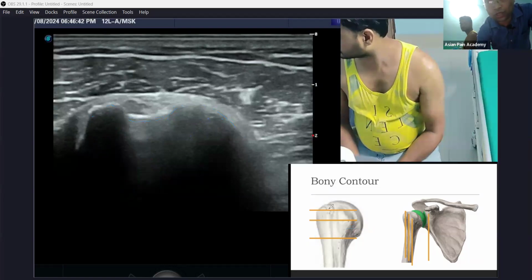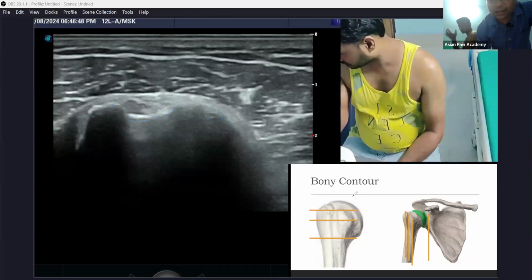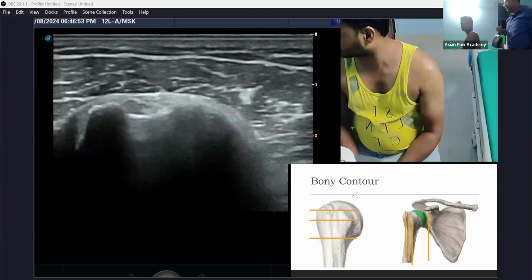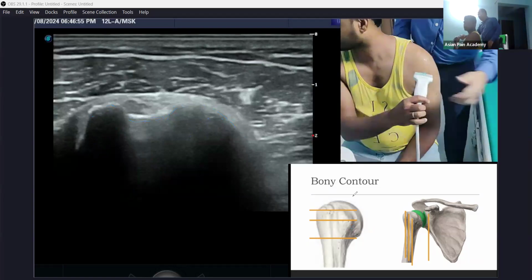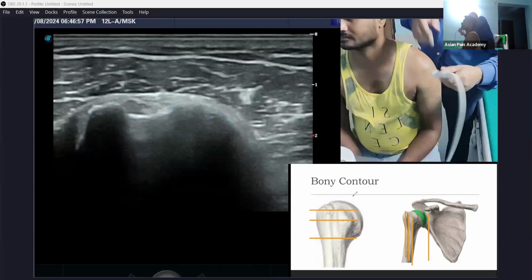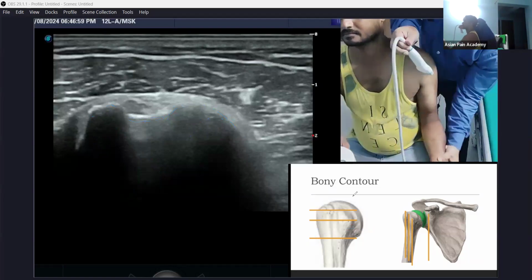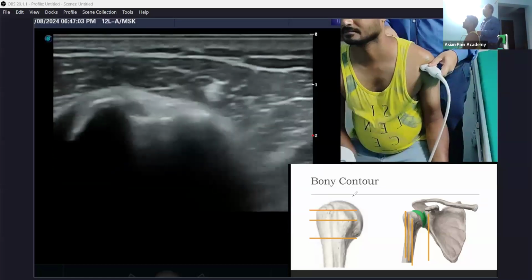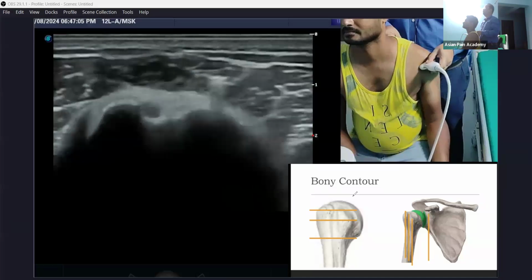Now I will show you the area where the bicipital groove is not there, just inside the joint, the starting of the joint area. So this is the bicipital groove.